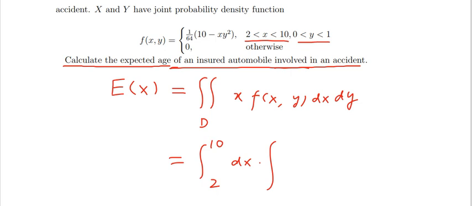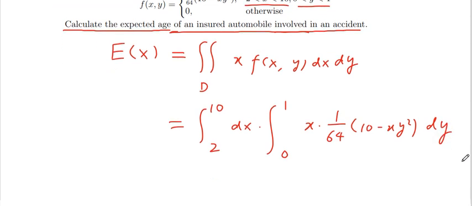So y has nothing to do with x; for any x, y is from 0 to 1, dy. The density function is 1 over 64 times (10 minus x y squared).